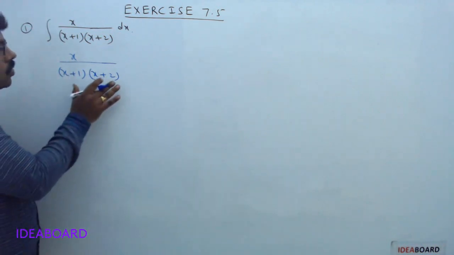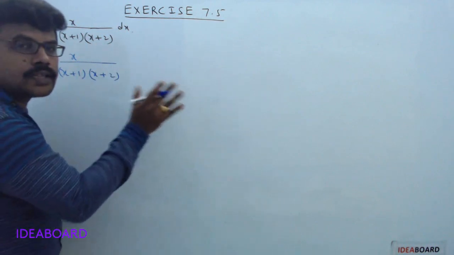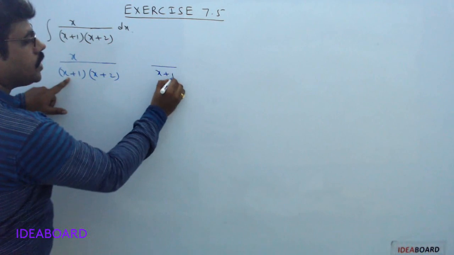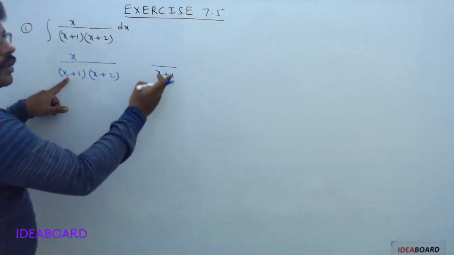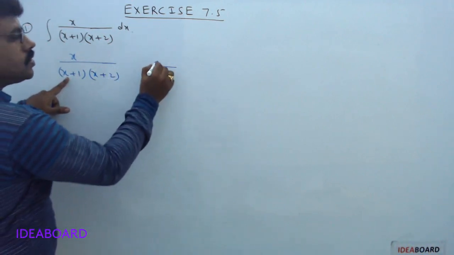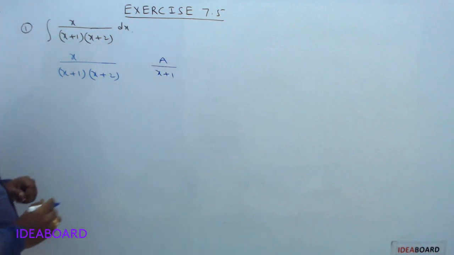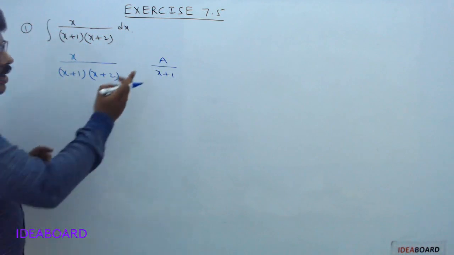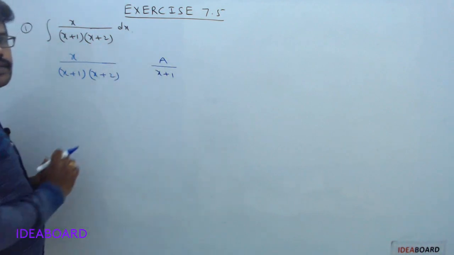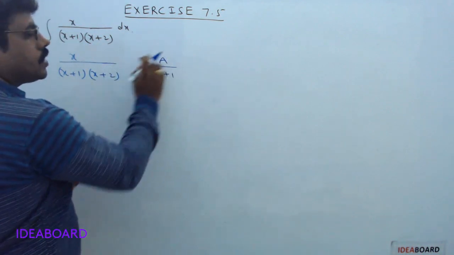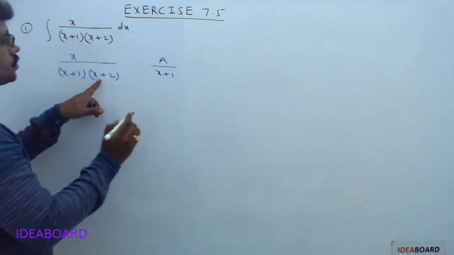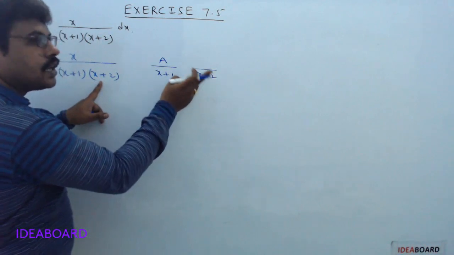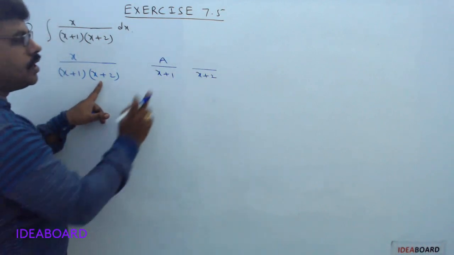Now, in this case, how to resolve this fraction into partial fractions? Corresponding to this non-repeated linear factor x plus 1, you can write down a constant term in its numerator. Let it be a. Corresponding to every non-repeated linear factor, there exists a constant term in its numerator. Here, I can take that constant as a. Corresponding to this non-repeated linear factor, there exists a constant term in its numerator.